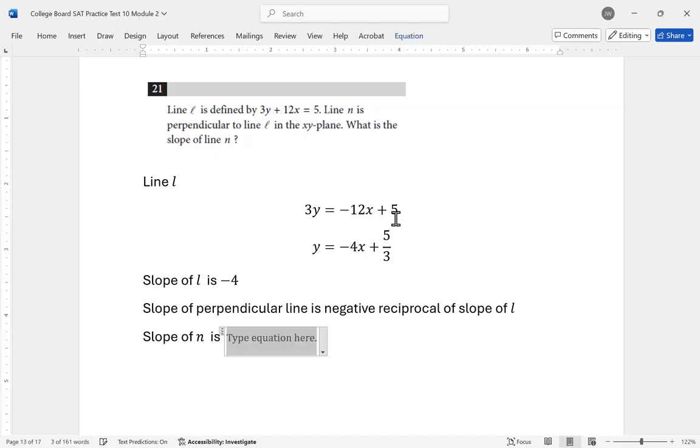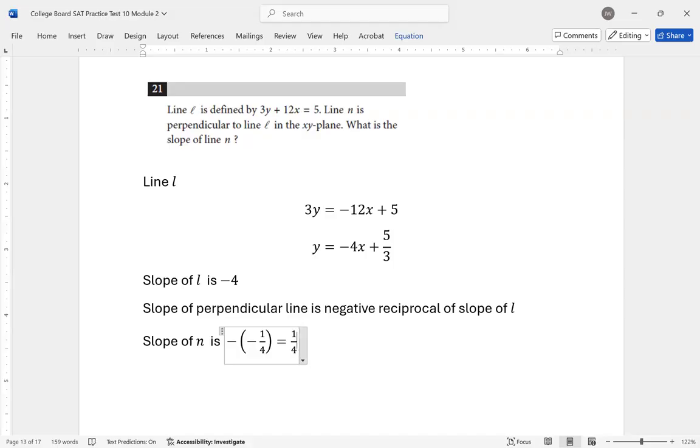Well, if you think about the negative reciprocal, 4 is like 4 over 1. The reciprocal of negative 4 is negative 1/4. If I take the negative of the reciprocal, so that's the opposite of negative 1/4, I get a positive 1/4.